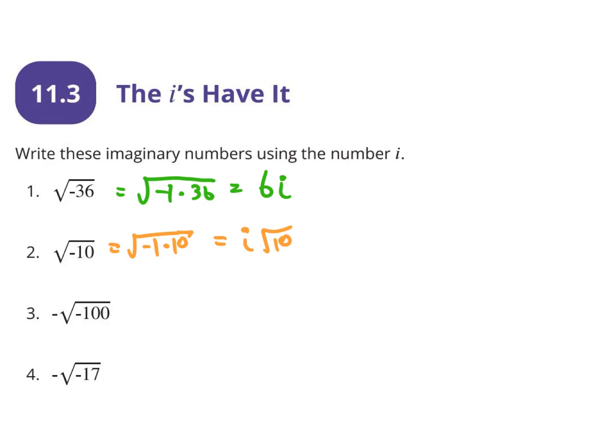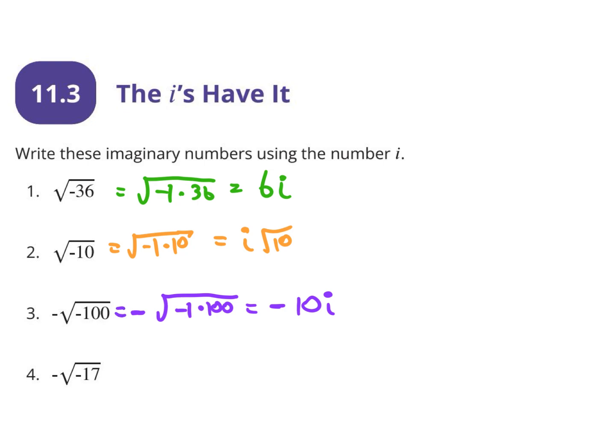We put the I in front of a radical symbol so we don't confuse the I as underneath the radical symbol. With number 3, the negative stays outside. Separate -1 times 100. The square root of 100 is 10, so this is -10i. The square root of -1 is I, so -10i is the answer.